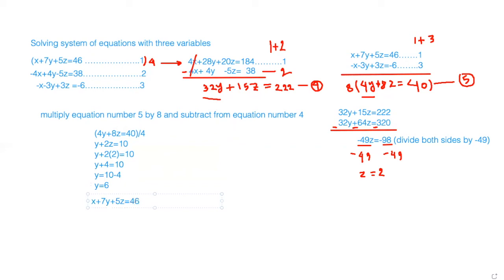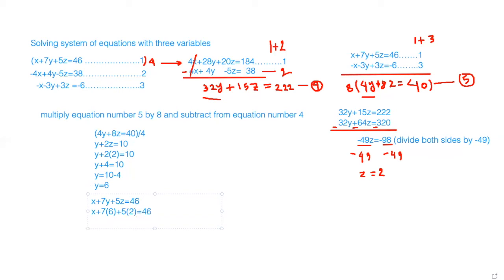Now I write down again, x is unknown, plus 7 times 6, 6 is the y value we got, then plus 5, then 2 is the z value, write down 2, then equal to 46.